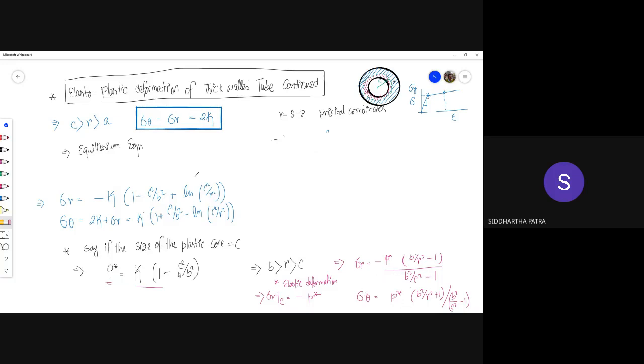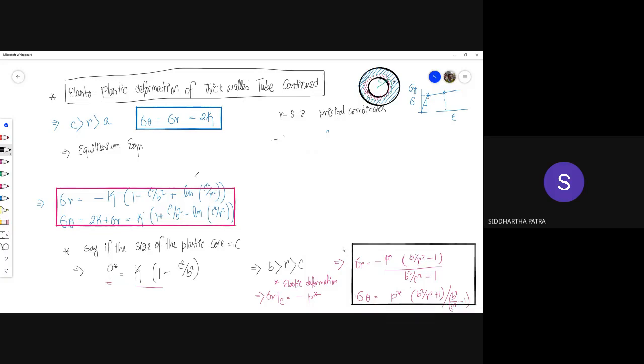So these are the set of equations. Once I know the value of C, these are the equations that I can use in the plastic zone, and these are the equations that I can use in the elastic zone. But the question is, what is the value of C for an applied pressure P greater than P prime?